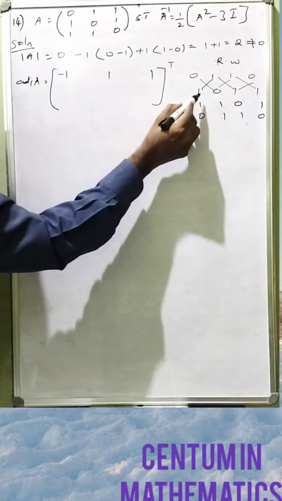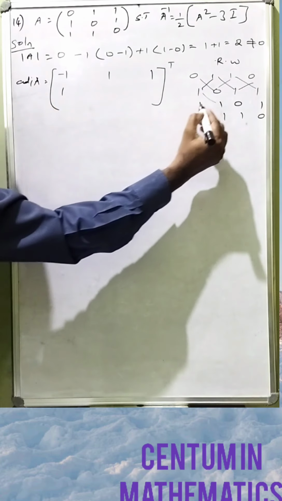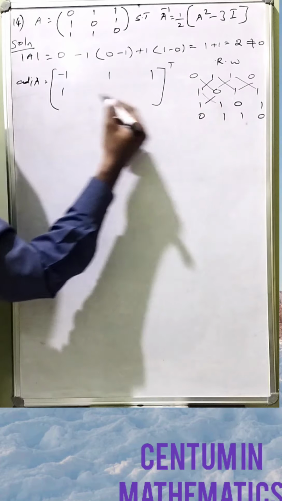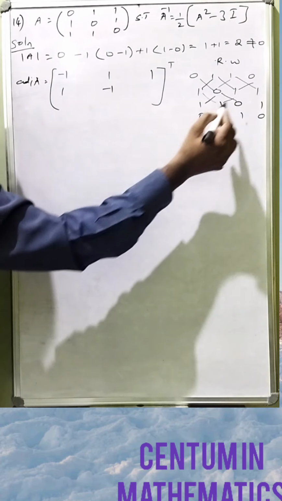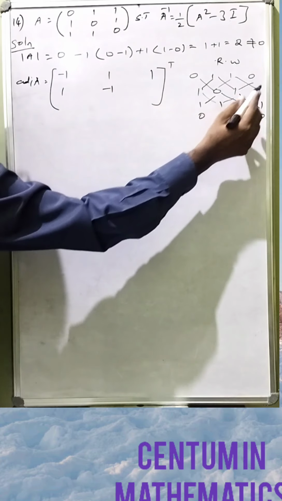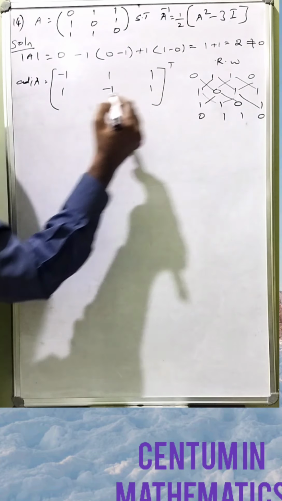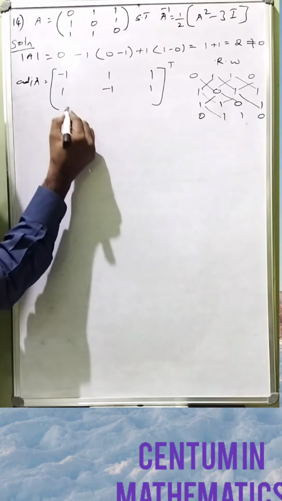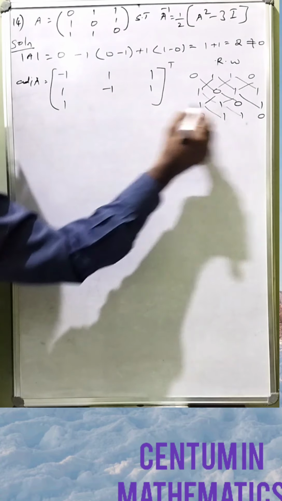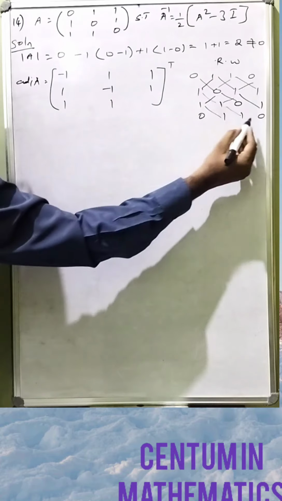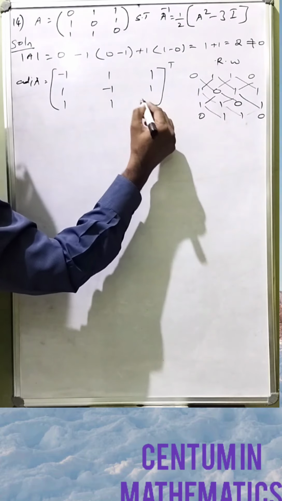The next here 1 into 1, 1, minus 1 into 0, 0, so no need to write. And here 0 minus 1. The next here 1, 1 minus 0, 1. Next here 1 minus 0, no need to write, 1 minus 0. The next one 0 minus 1.